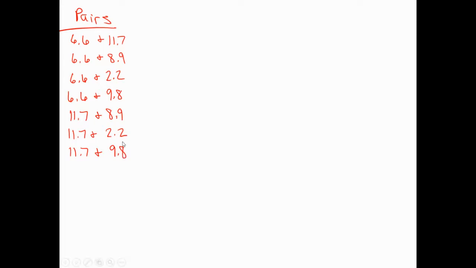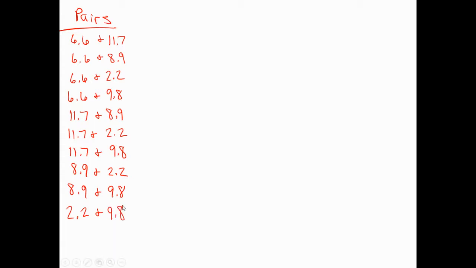We're at the end, so now I need to move it down to 8.9. 8.9 and 2.2. 8.9 and 9.8. Again, we're at the end, so I'll move it to the next one. 2.2 and 9.8. That's the last one.